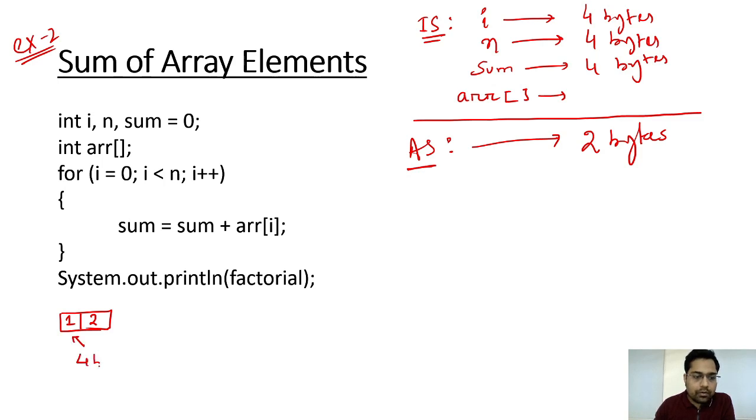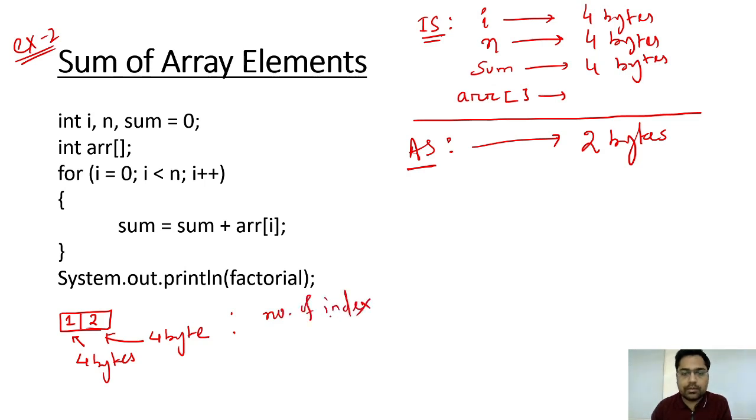Each index is 4 bytes, because this is integer type. For integer, each index will be 4 bytes. If anyone asks what the array size is, it is the number of indexes into the size of the data type.